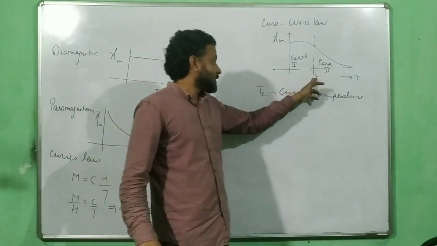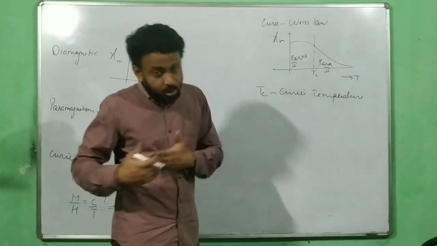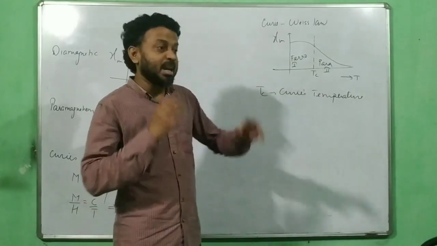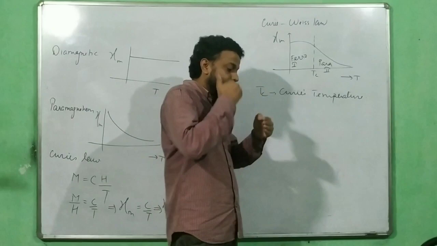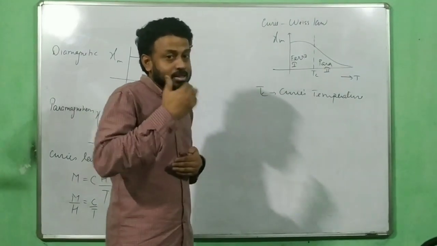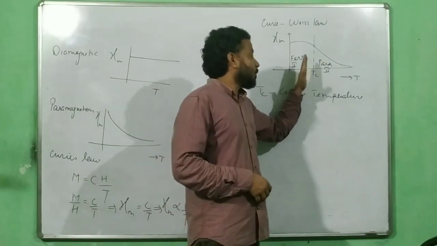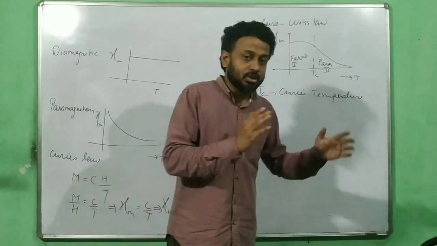So what exactly is Tc? Tc is Curie's temperature. It says that at a very cold temperature, the substance will behave as a ferromagnet. Then as you start increasing the temperature slowly, when it crosses a particular temperature called Curie temperature, which is different for different substances.